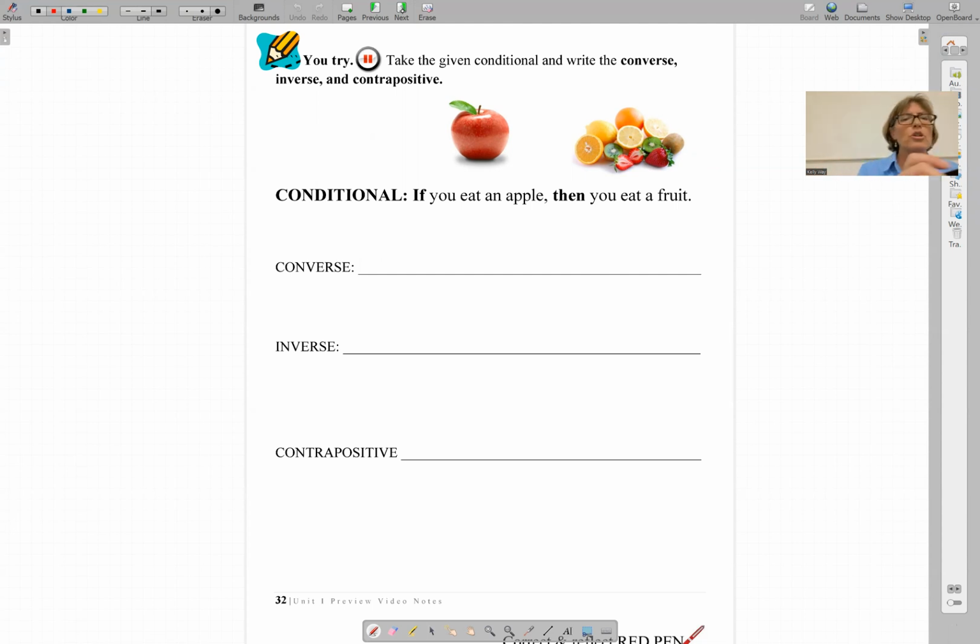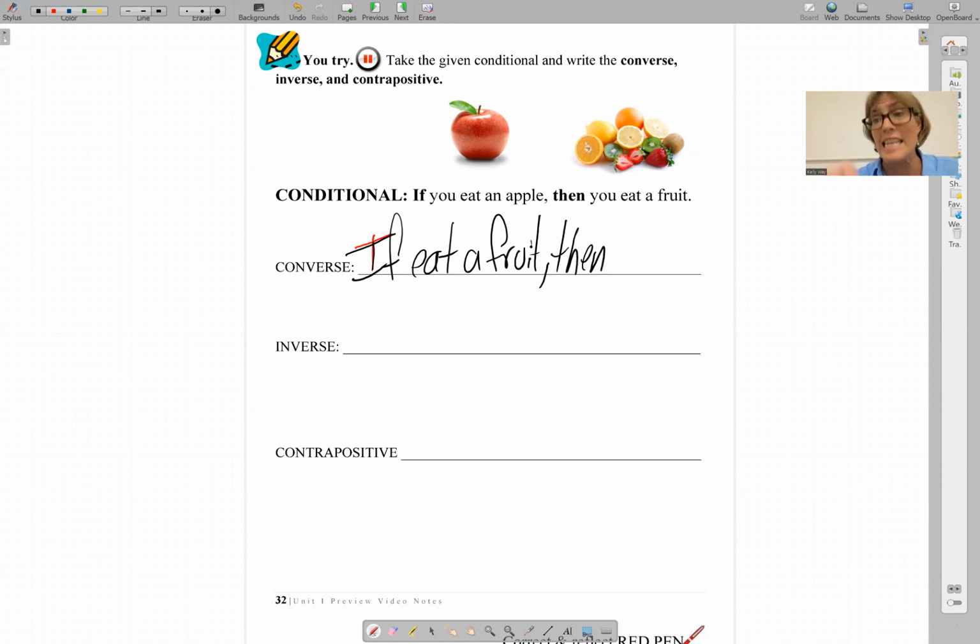Converse switch reads like this. If you eat a fruit, then you've eaten, I'm shortening the grammar again, an apple. That's the converse.